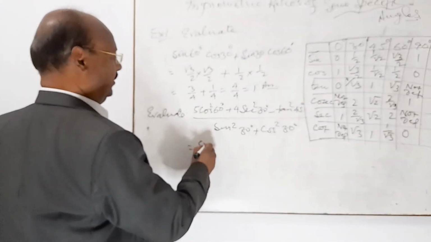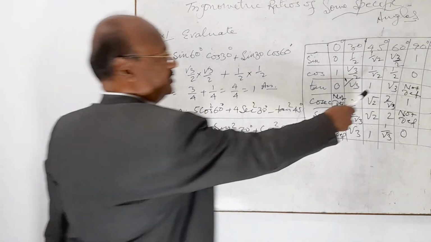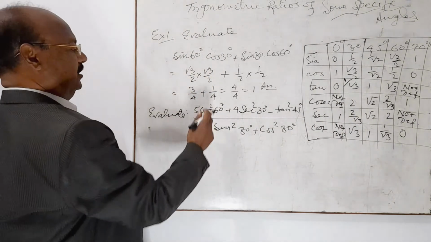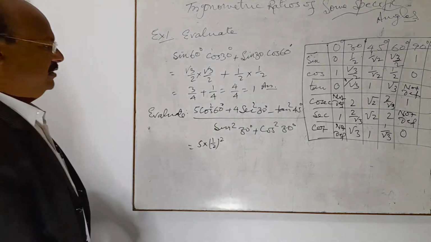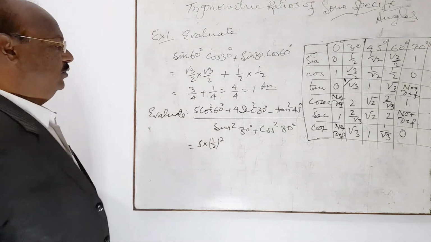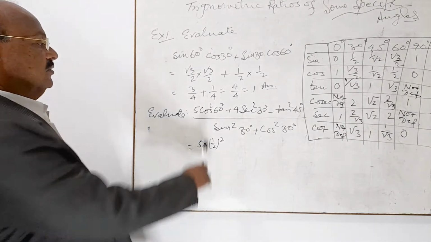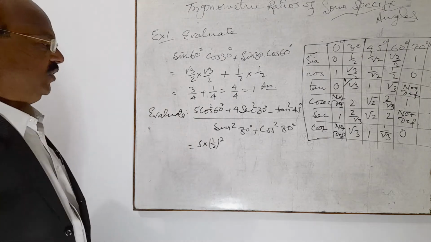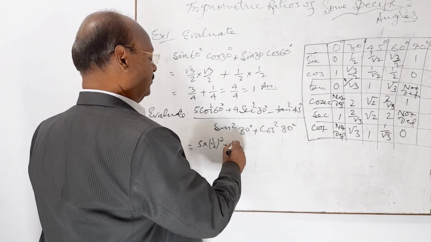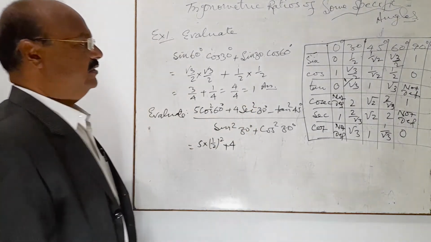So this is 5 into cos 60. You see this is half, its square is 1 by 4. For the sake of convenience, let us write here 1 by 2 whole square, because cos 60 is half and the square is here. Similarly, this is 4 sec square 30.